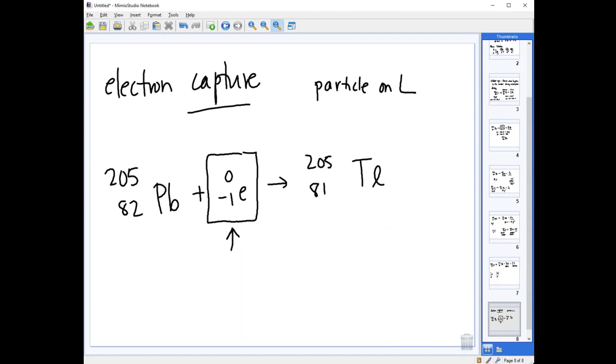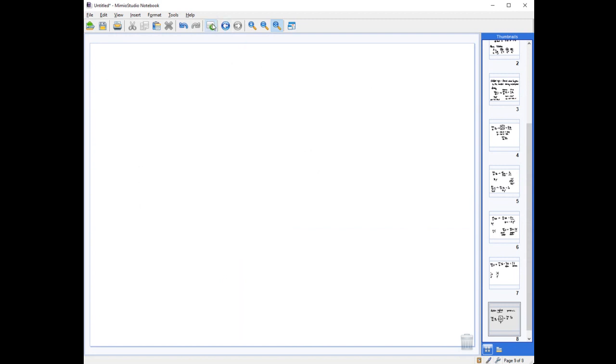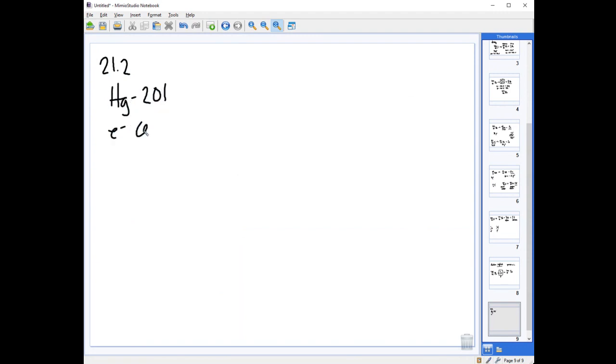So if we look at the top of page 914, we see a couple of practice equations there. This is sample exercise 21.2. It says write a nuclear equation for mercury-201 undergoing electron capture.